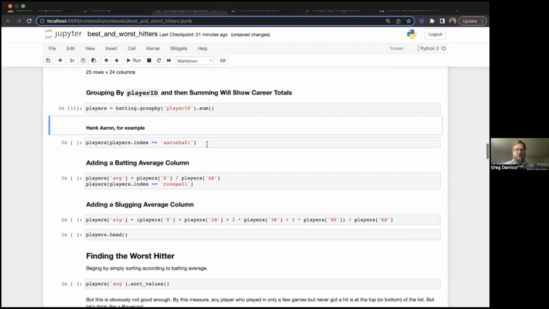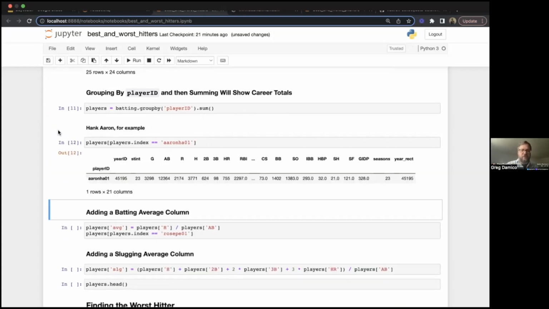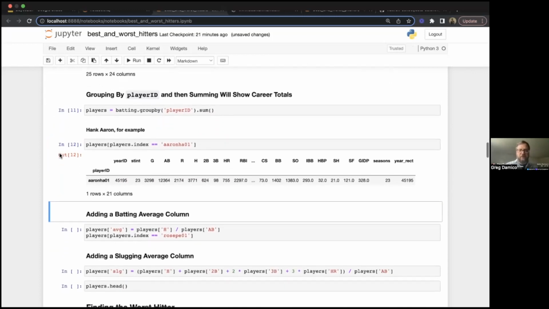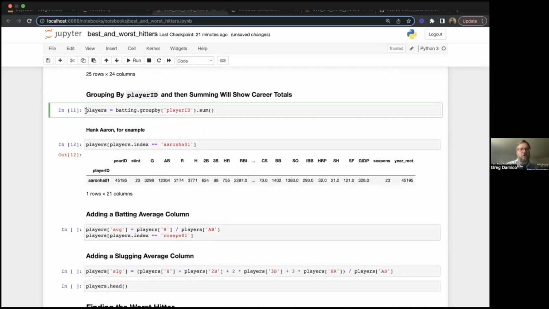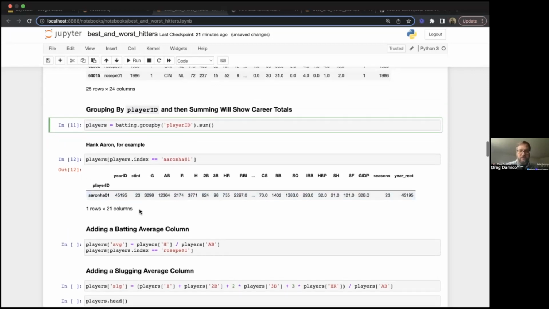So for example, if I look up Hank Aaron now, I have this new data frame called players. In players, this thing is grouped all together, so there's now just one row for Hank Aaron. And it's not any particular year, it's his totals for his career.